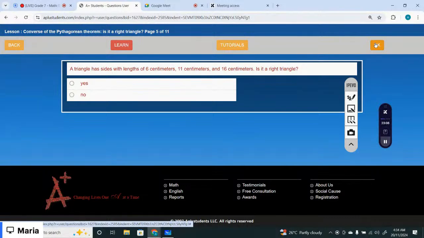A triangle has the side lengths of 6 centimeter, 11 centimeter, and 16 centimeter. Is this a right triangle? Which is the correct option?